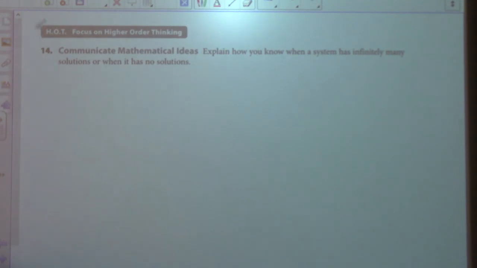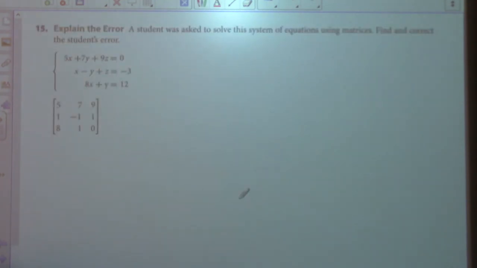Okay, we're going to skip 14, and we're going to go to 15. So we'll just do 15 and 16. I want to call on somebody in a minute for number 15.